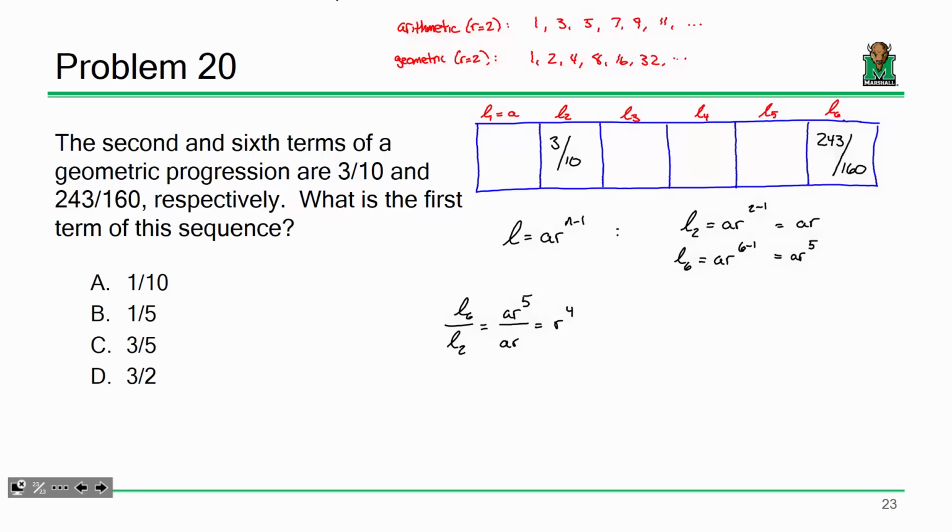But the nice thing about this is that I now know what L6 and L2 are, because this also equals, let's do this. I also know that L6 over L2 equals what? 243 over 160 divided by 3 over 10. Don't I know that? So this is 243 over 160, flip and multiply. Right?